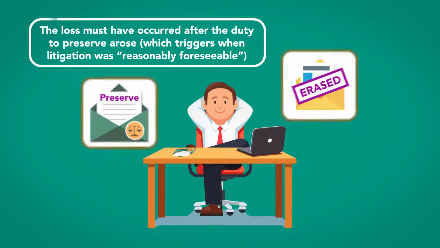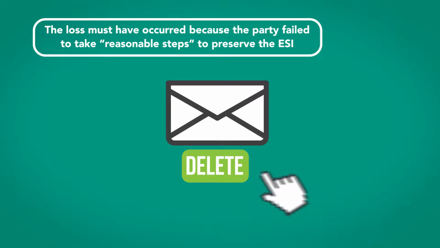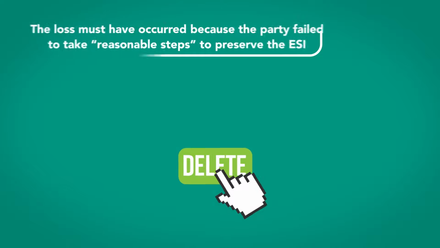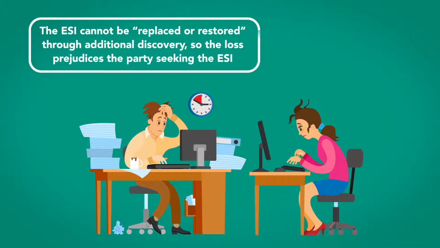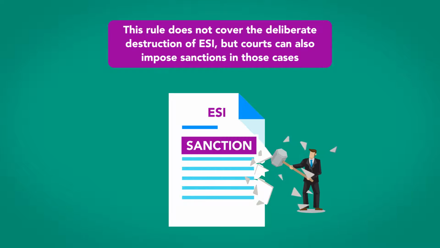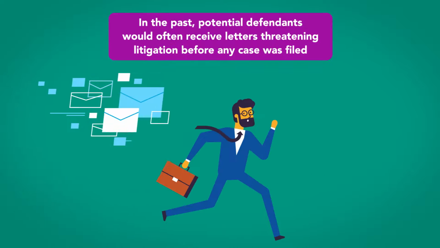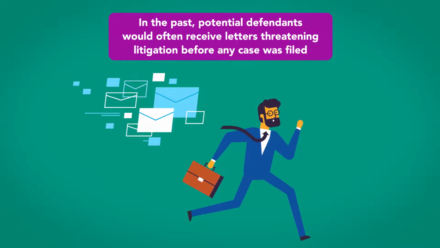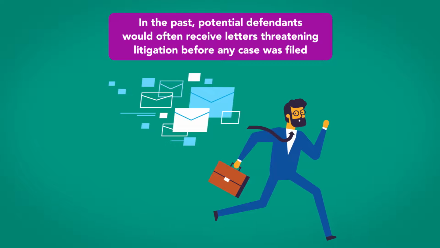The loss must have occurred after the duty to preserve arose, which triggers when the litigation was reasonably foreseeable. The loss must have occurred because the party failed to take reasonable steps to preserve the ESI, and the ESI cannot be replaced or restored through additional discovery, so the loss prejudices the party seeking the ESI. This rule does not cover the deliberate destruction of ESI, but courts can also impose sanctions in those cases. In the past, potential defendants would often receive letters threatening litigation before any case was filed.